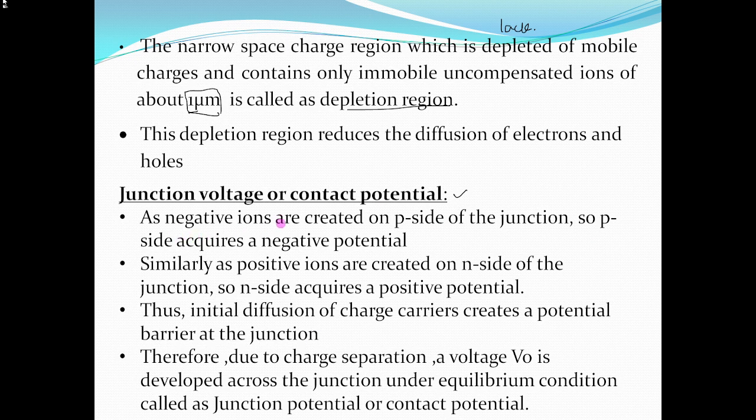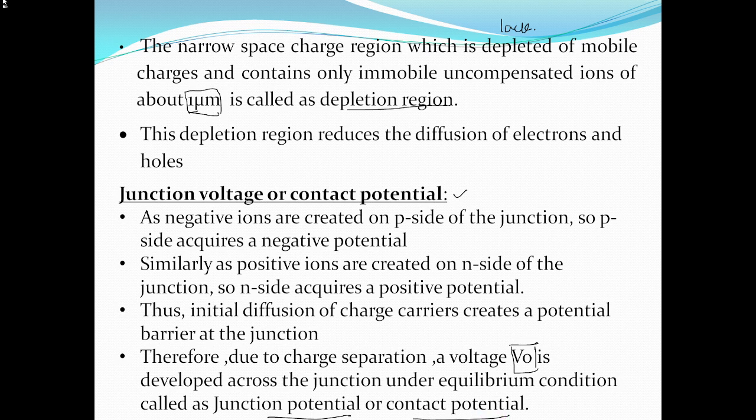As negative ions are created on the P side, the P side acquires negative potential. Similarly, as positive ions are created on the N side, the N side acquires positive potential. Due to charge separation, a potential difference is created, which is represented by V0, called the junction potential or contact potential.